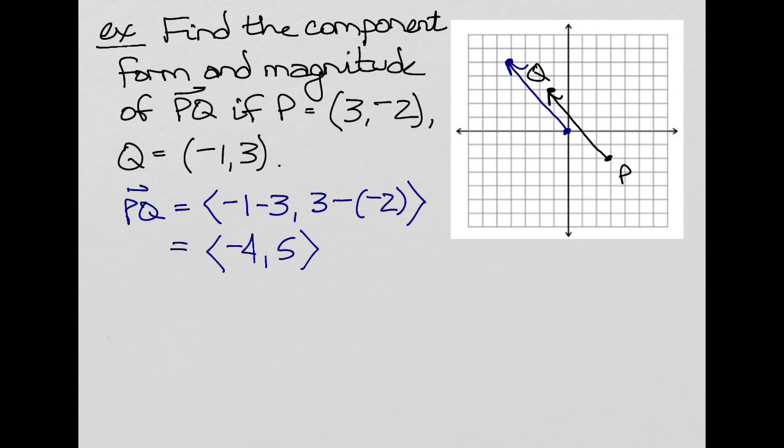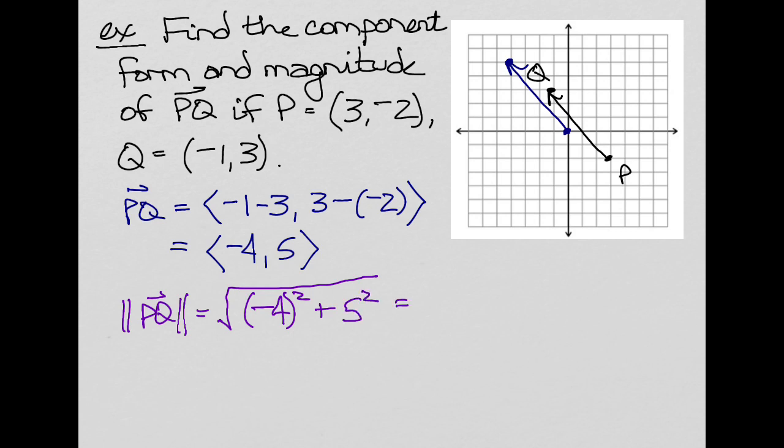Let's find the magnitude of our vector. If I start from component form, <-4, 5>, I've already done the subtraction. So I can do this with the square root. Yes, I can put -1 minus 3 squared, or I can just put -4 squared because I already did the subtraction, plus 5 squared.